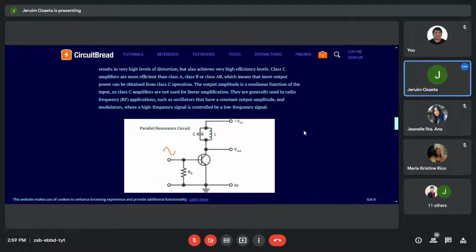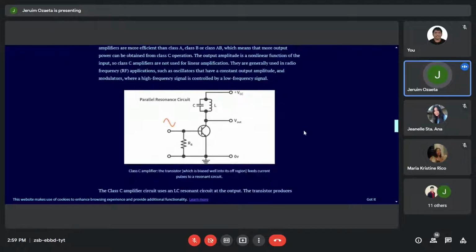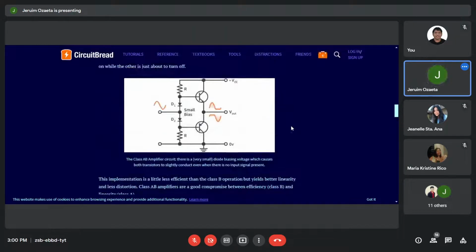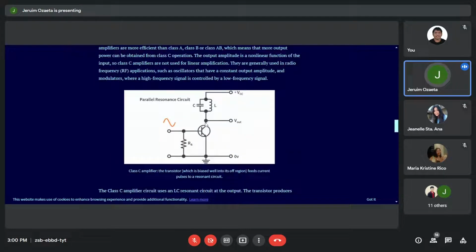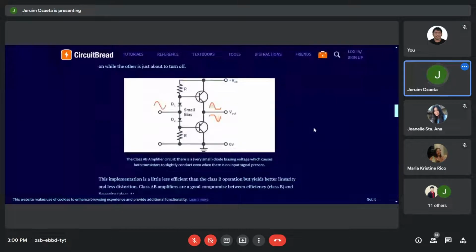In the class C amplifier, the output is taken at the collector. Take note here.